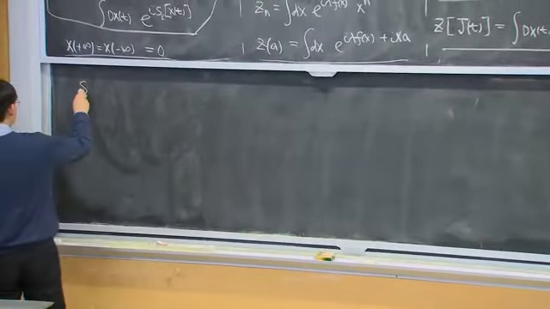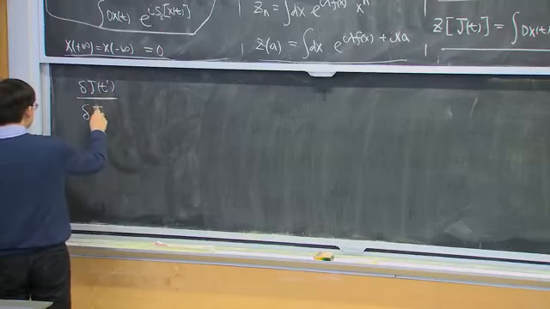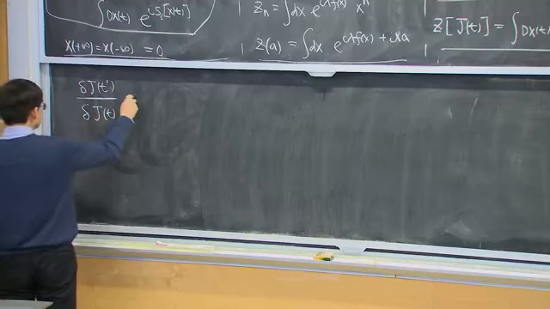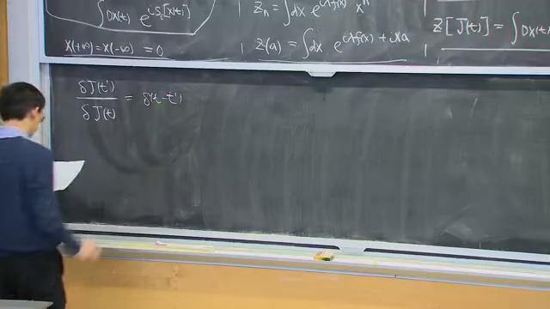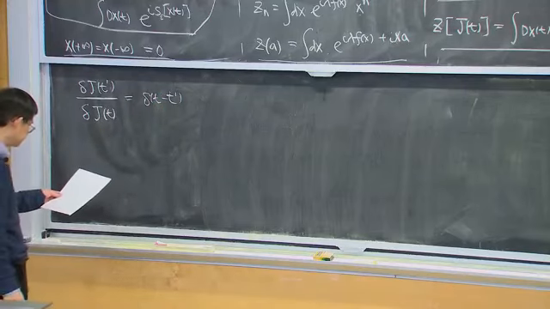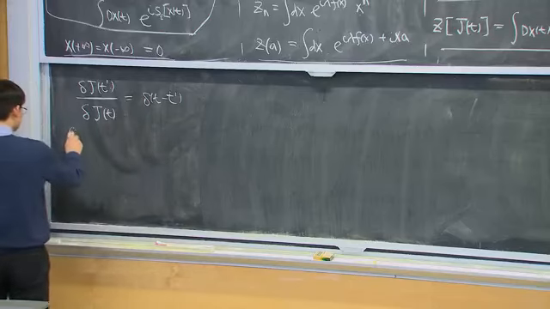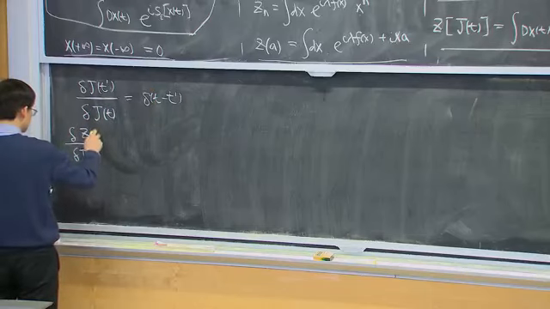If you have a function J(t'), and you take the derivative with respect to J(t), that just gives you a delta function. Now let's look at this rule applied to Z[J].